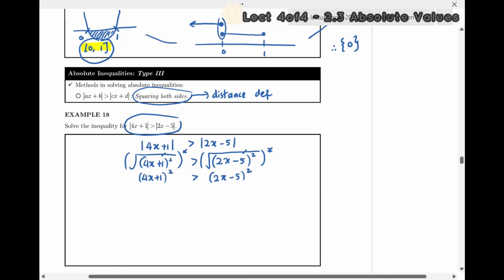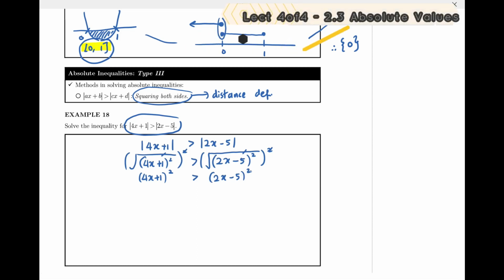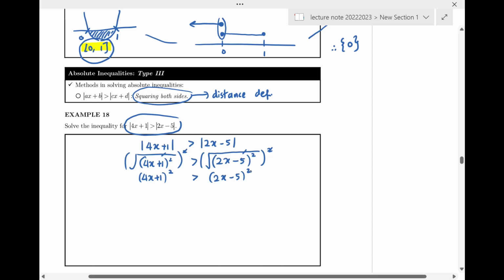We need to expand them and simplify until we get 0 on the right of our inequality. So we expand this one: we'll have 16x squared plus 8x plus 1. The right side will be 4x squared minus 20x plus 25.